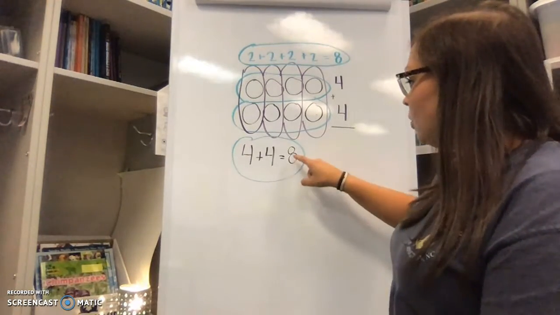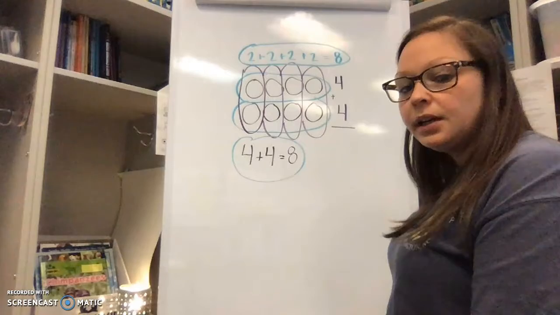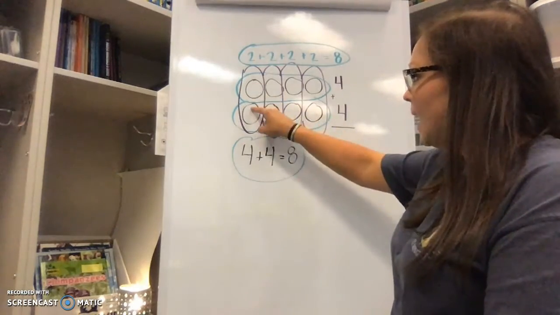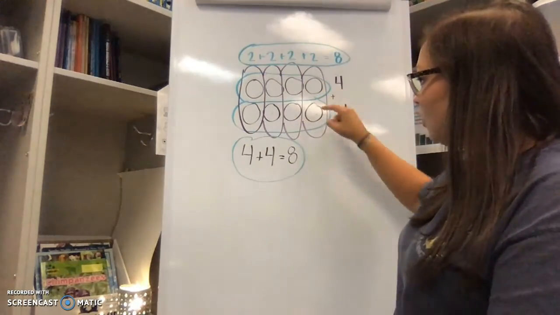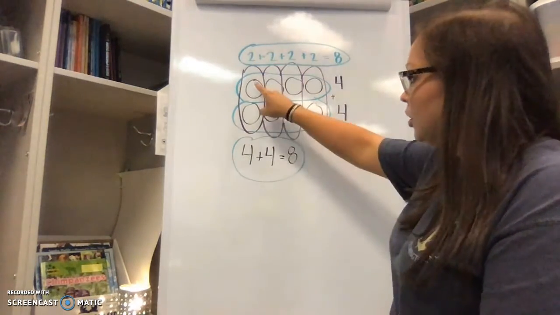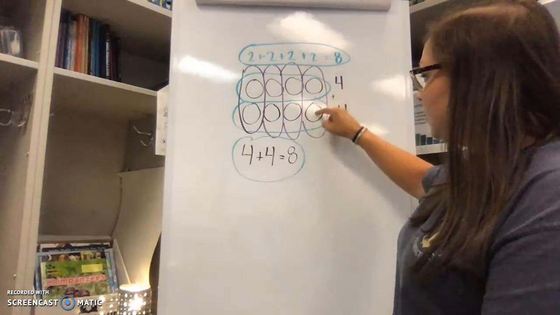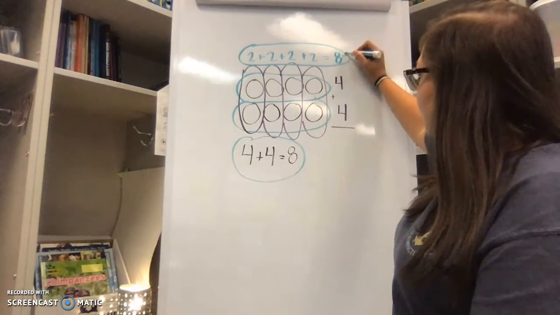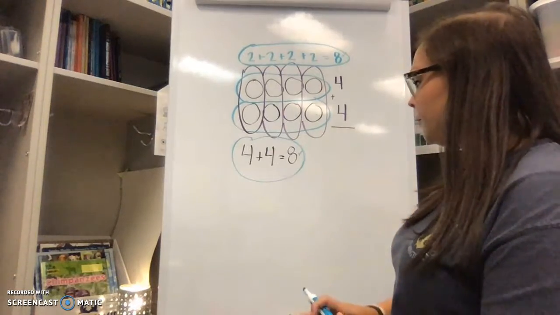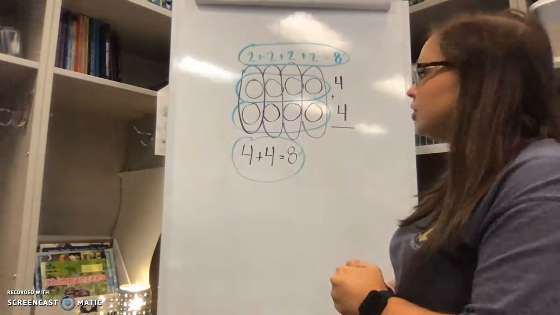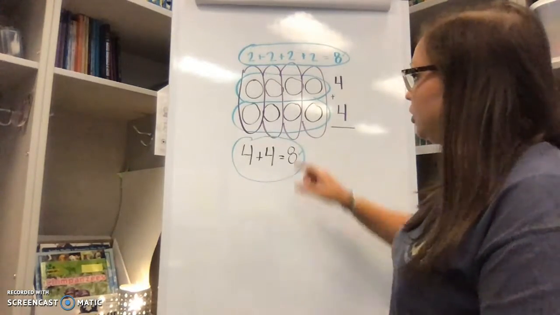Now, if the number that you got for your repeated addition sentence doesn't match how many circles there are, then you've done something wrong. So for example, this is 1, 2, 3, 4, 5, 6, 7, 8. I got 8 here and I got 8 here. But I also need you to make sure you're actually counting how many are in each group.